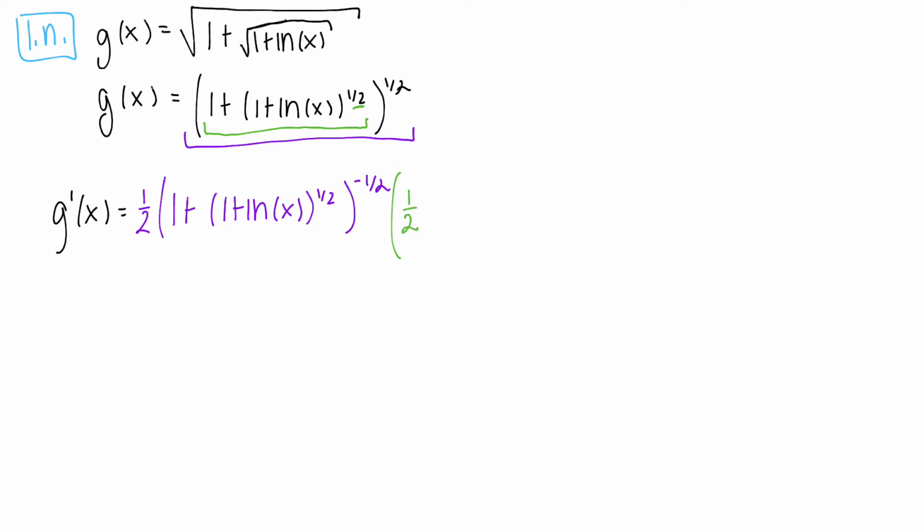So we have 1/2, leave the inside alone, 1 plus ln x, and then subtracting 1 off the exponent, so negative 1/2. And then the derivative of the inside. Derivative of 1 is 0, derivative of ln x is 1 over x.